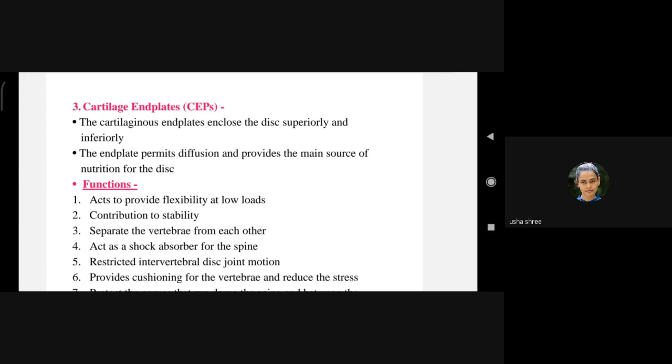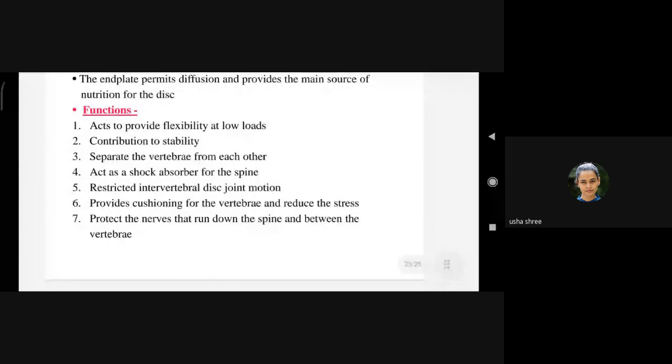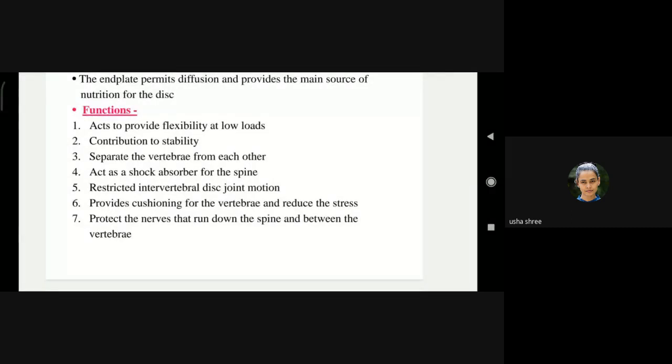Right? So these are the basic information regarding our intervertebral space or intervertebral disc, and these are the basic functions: to provide flexibility at low loads, contribute to stability, separate the vertebrae from each other, act as a shock absorber for the spine, restrict intervertebral disc joint motion, provide cushioning for the vertebrae and reduce stress, and protect the nerves that run down the spine and between the vertebrae.